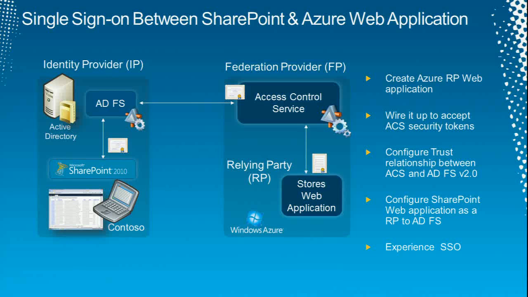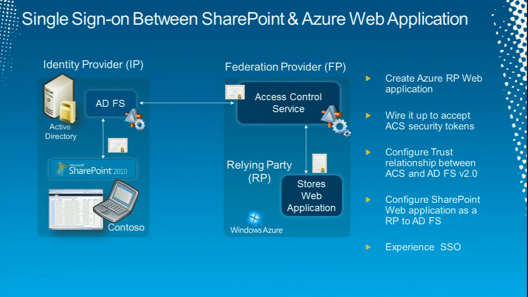The federation provider is a security token service, and it has the role of being able to take security tokens in from identity providers that it has relationships with. We'll talk about that in a second. It can take a security token in and trust that token, and then turn around and hand its relying party application, which is the little ASP.NET application, a token that it has signed that the relying party can trust.